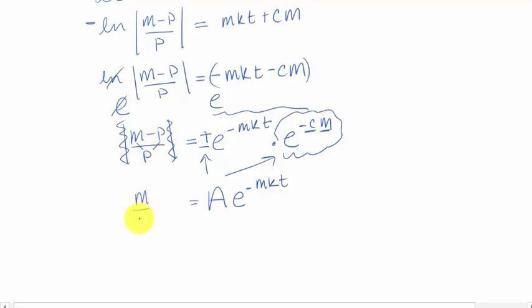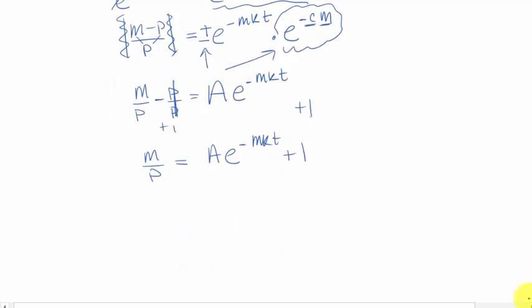So I'm going to write this as two separate terms, m divided by p minus p divided by p, which we can call 1. So I'm going to add that 1 to the other side. If I add 1 to both sides, I end up with m divided by p equals a e to the negative mkt plus 1.